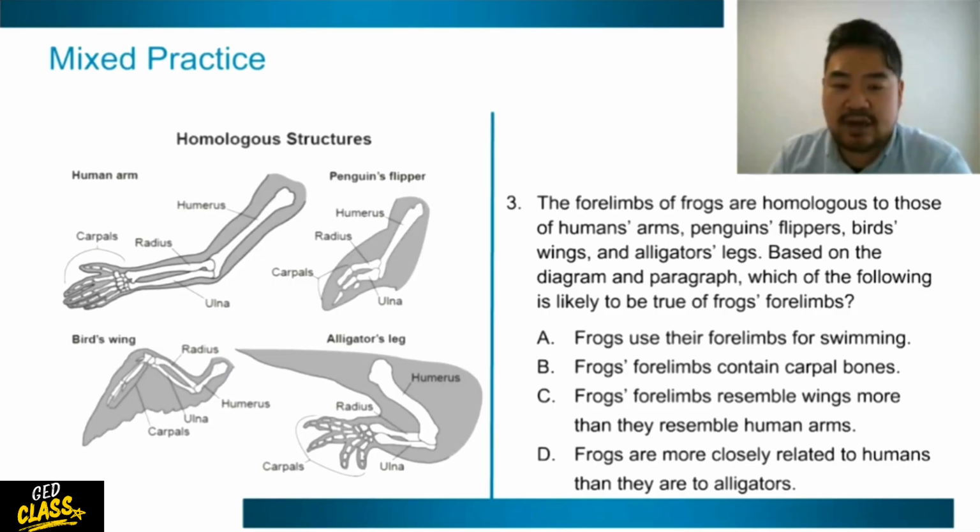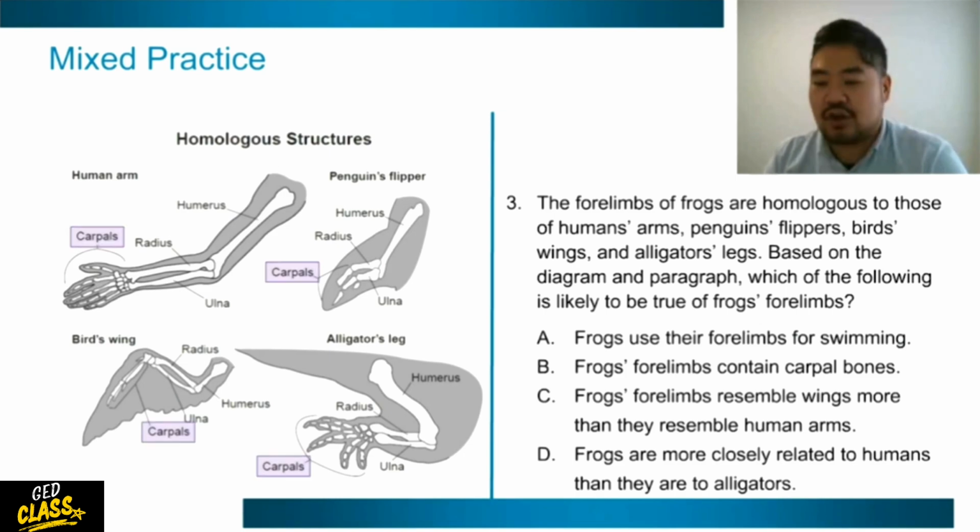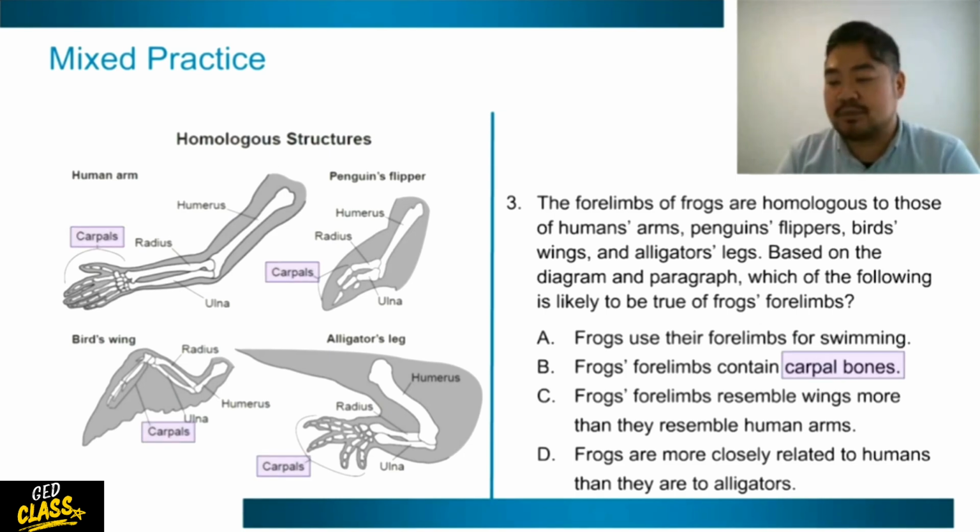Notice how the human arm, penguin flipper, bird wing, and alligator leg all have the same types of bones, the carpals and the radius and the humerus and the ulna. So which of those choices indicates some similarity with the frog's forelimbs and all of these other homologous structures? The correct answer is going to be answer choice B. Frogs' forelimbs must contain carpal bones if they're going to be homologous.